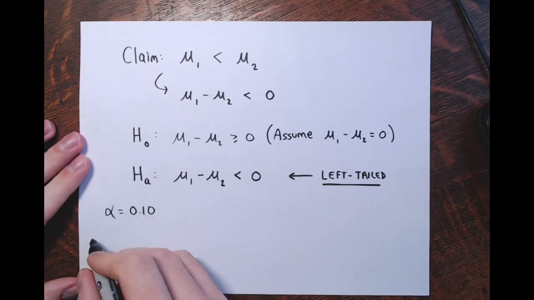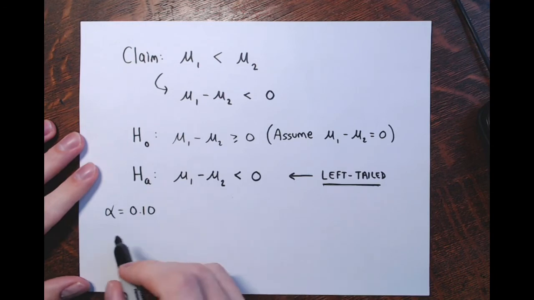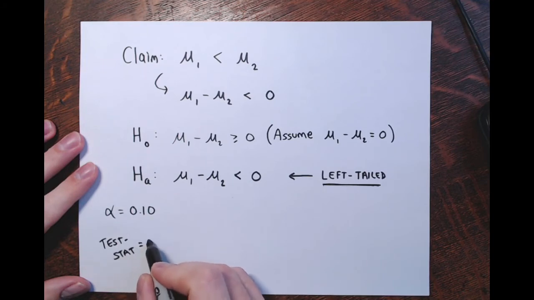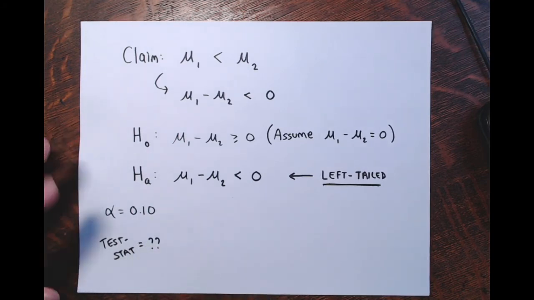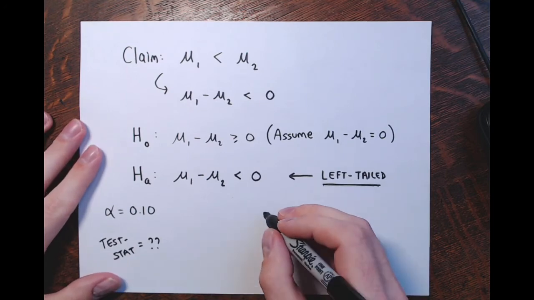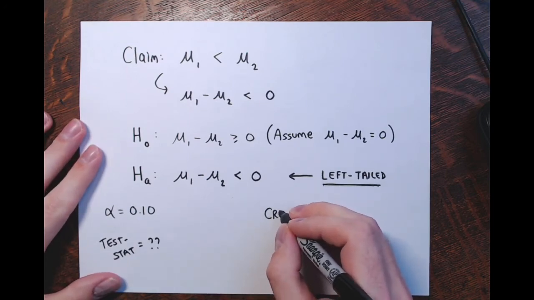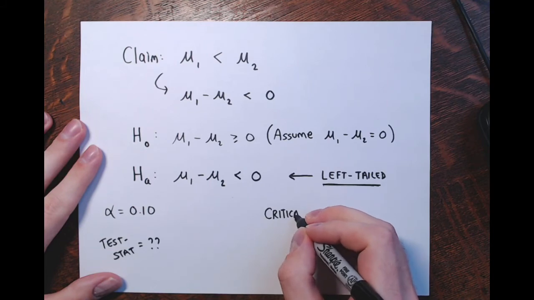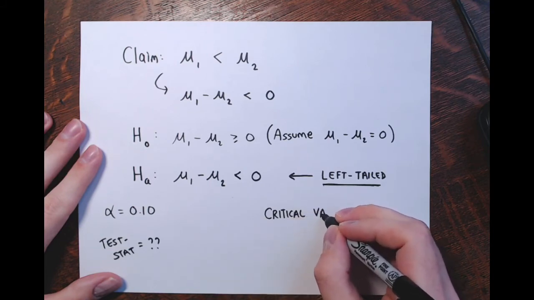Now normally we would find a test statistic, but we're not asked to do that here. Okay. Remember it's some z-score, and I'm not going to write the formula up here, but then we would find a rejection region. Right? Look for critical values in a rejection region.